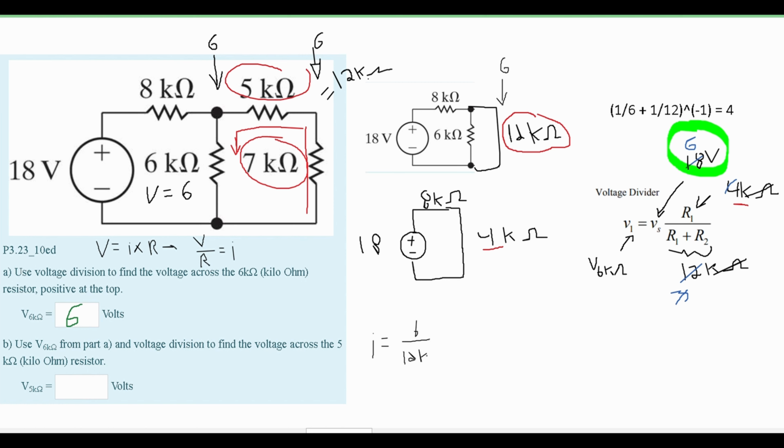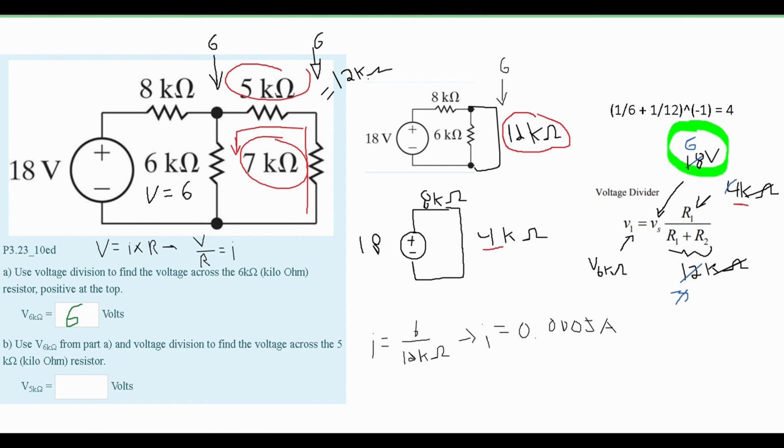And 1 kilo ohm is 1,000 ohms. So this is really 6 divided by 12,000. This is going to give us the answer that I is equal to 0.0005 amps.